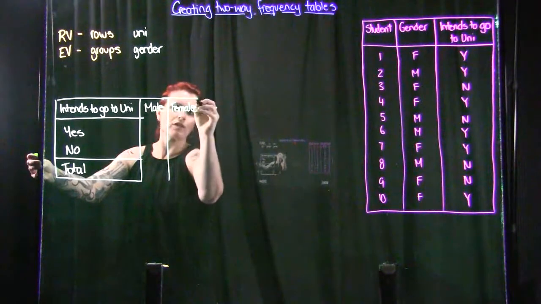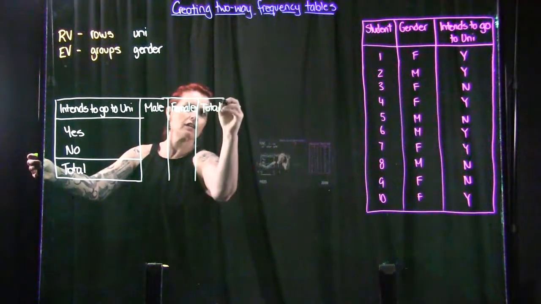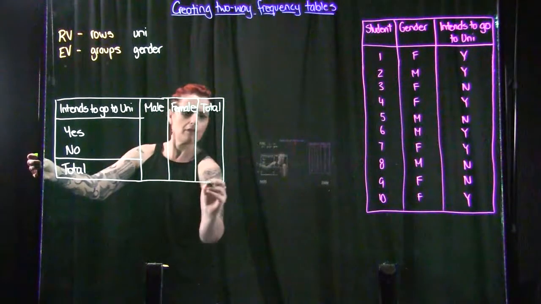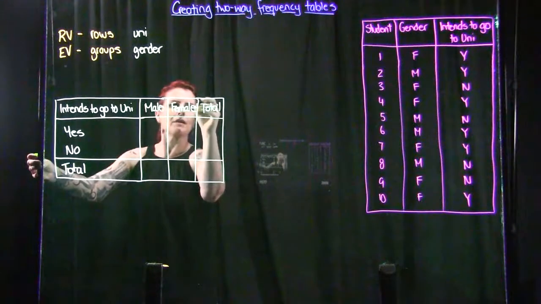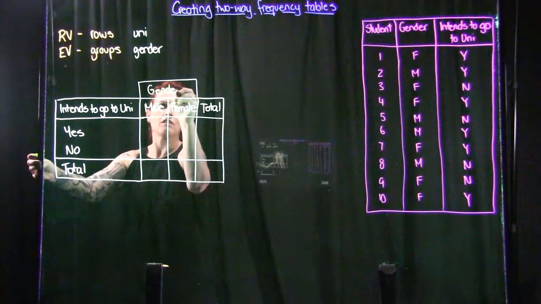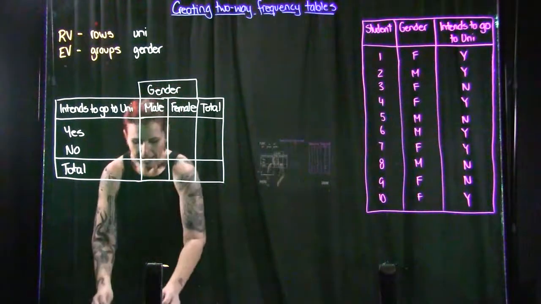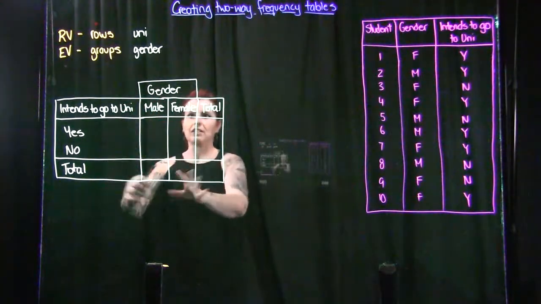It doesn't actually matter which way you do it. And total at the end. And I'm going to make sure I put my column heading with my explanatory variable of gender.